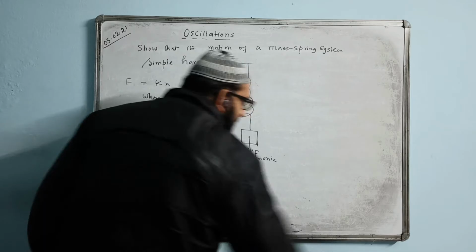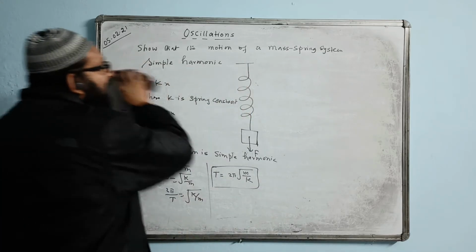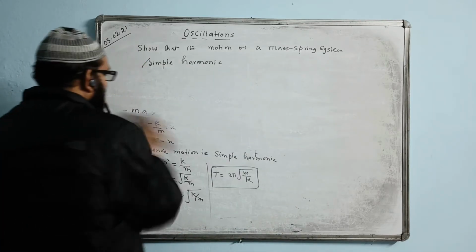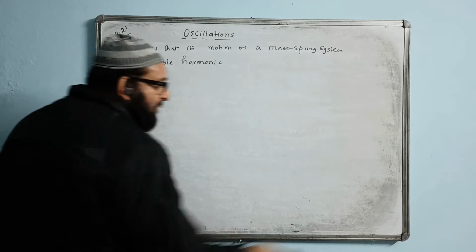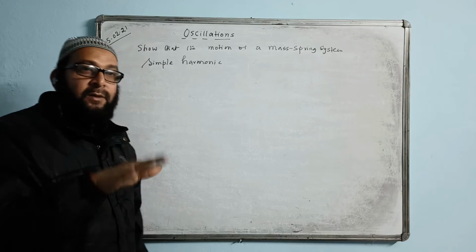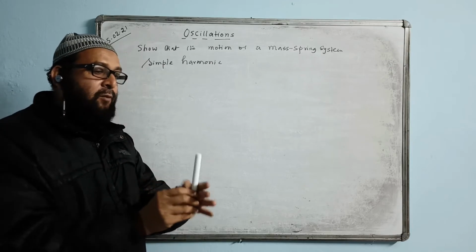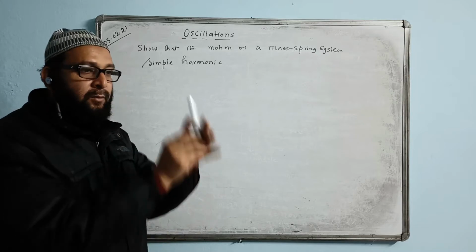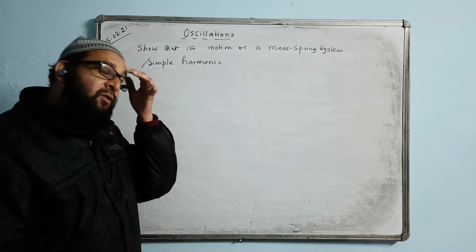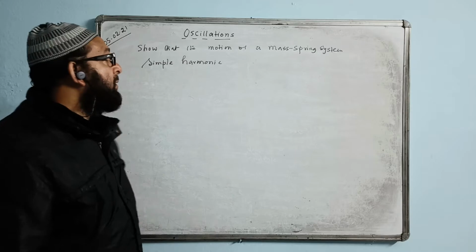Okay. Now, similarly, we will show the oscillation of a floating object on the surface of water. When the object floats on the surface of water, it will be oscillating this way, up and down. And we have to show that motion is also simple harmonic.